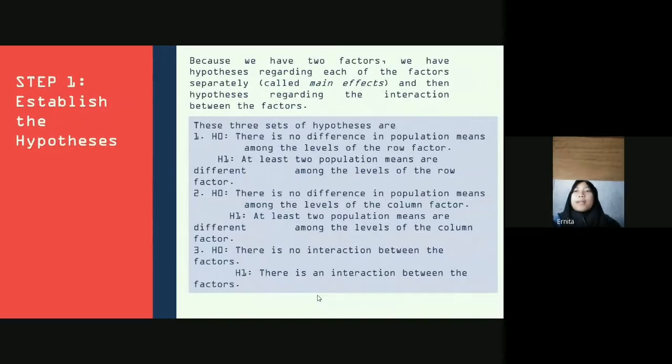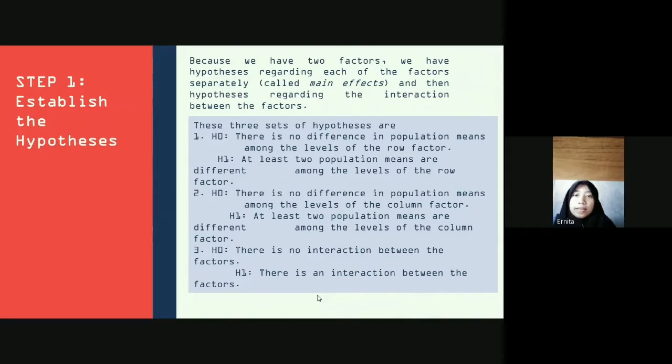Then for step 1, establish the hypotheses. Because we have two factors, we have hypotheses regarding each of the factors separately, called main effects, and then a hypothesis regarding the interaction between the factors. Thus, the hypotheses are: H0, there is no difference in population means among the levels of the row factor. H1, at least two population means are different among the levels of the row factor.